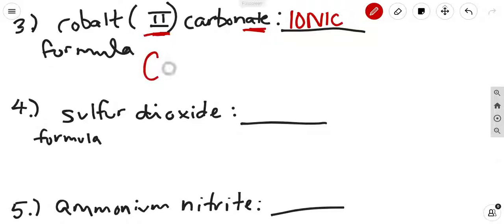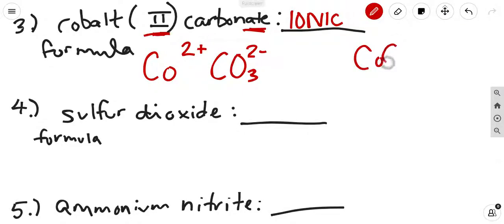Formula, cobalt 2, carbonate is a polyatomic ion. So therefore, my charges are the same, so I cancel them out. CoCO3. That's a little o.